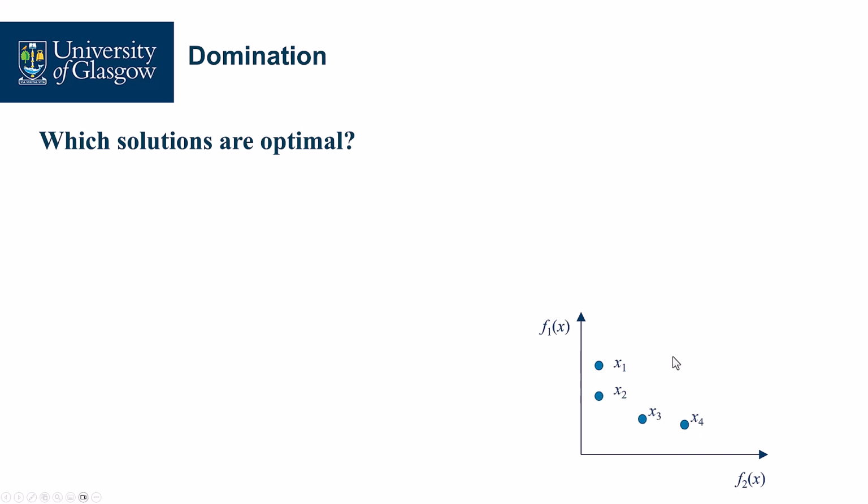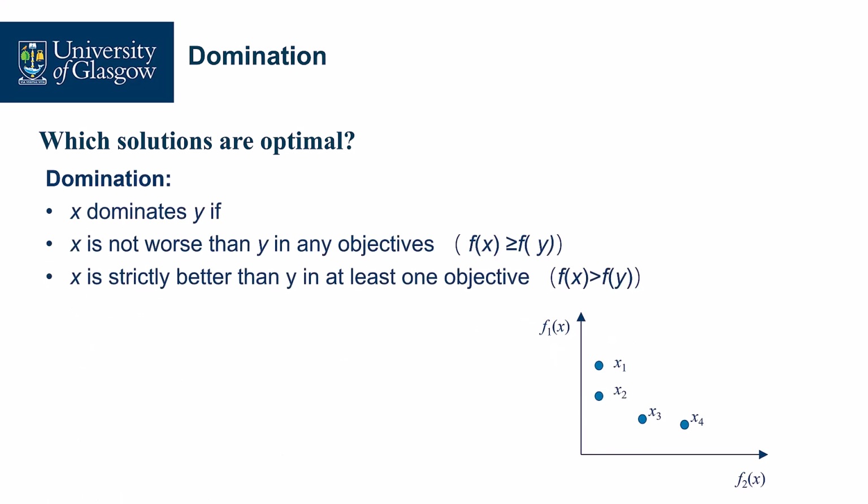So let's see how to rank these 4 solutions by the domination concept. For any 2 candidate solutions, x and y, we only have several conditions. If x dominates y, what does this mean? x is not worse than y in any objective.